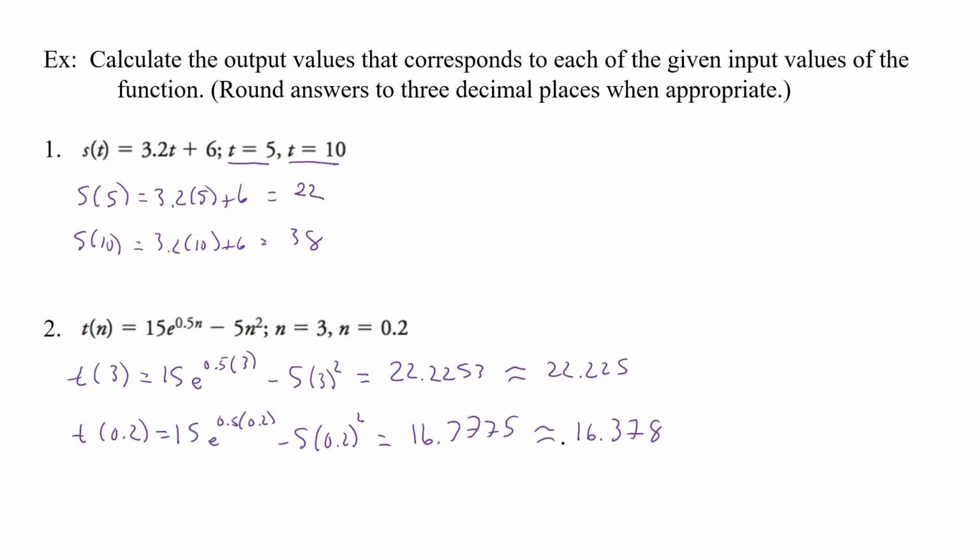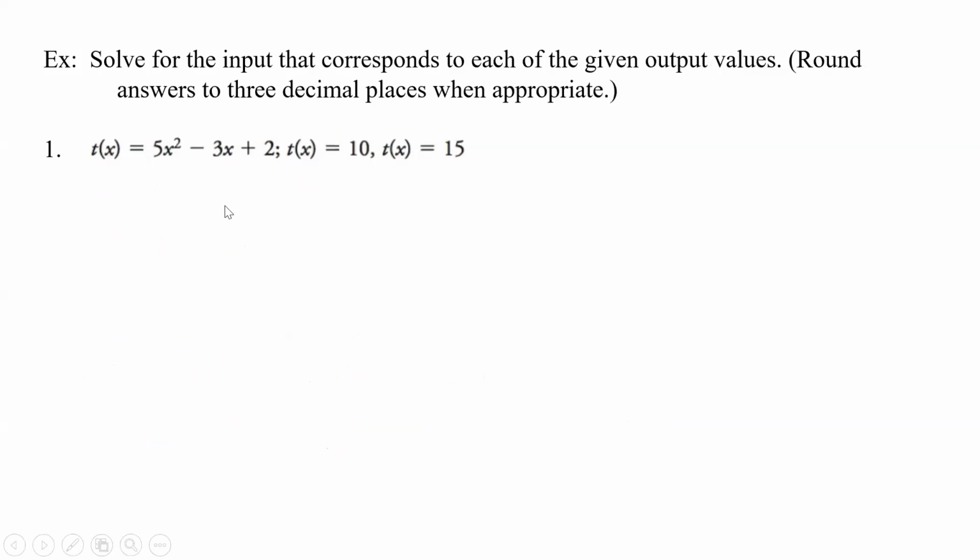Okay, and so those would be our two answers on that one. And again, these didn't have decimals, so we didn't have to worry about it. These did, so we had to round it to 3 decimal places. And again, all we did was we plugged in our values for n here and our values for t up here.